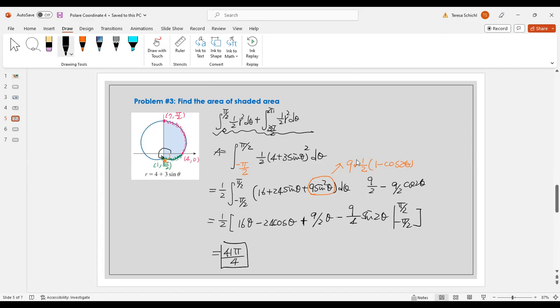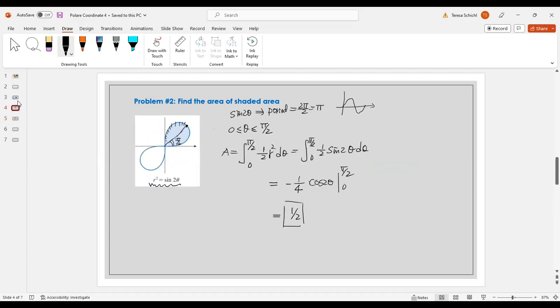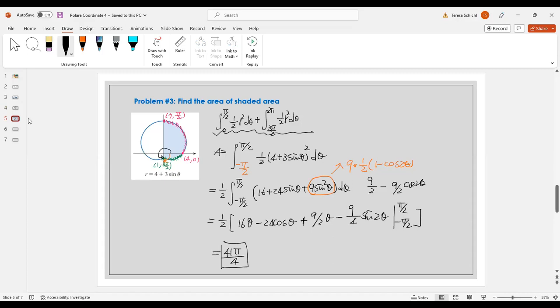So for this problem we just need to be a little bit careful. This one is a little bit harder than the previous one. You can separate it into two parts, or you can combine it into one, and then you need to use the double angle in order to be able to integrate.